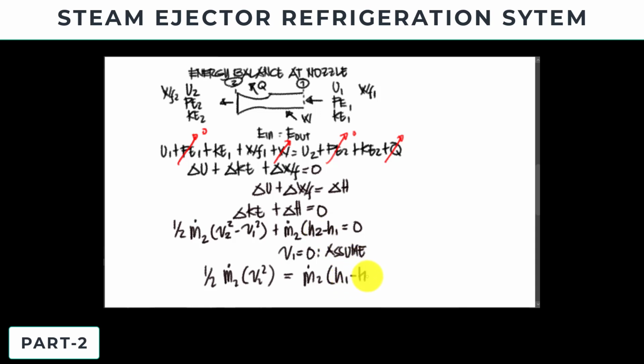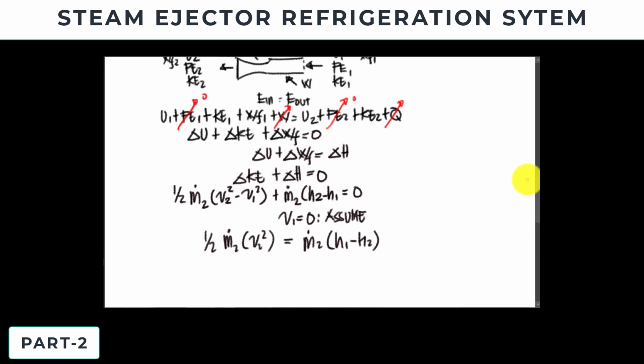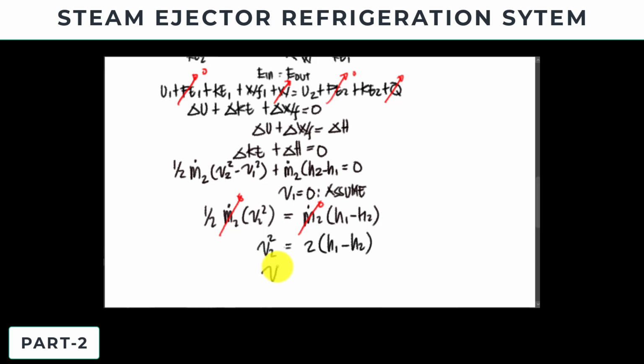Let's change that, so we have enthalpy 2. So eventually, your mass flow rate will be cancelled out since they are equal. Okay, we have your velocity 2 squared is equal to 2 times my enthalpy 1 minus my enthalpy 2. Okay, or let's say this is now equal to the square root.